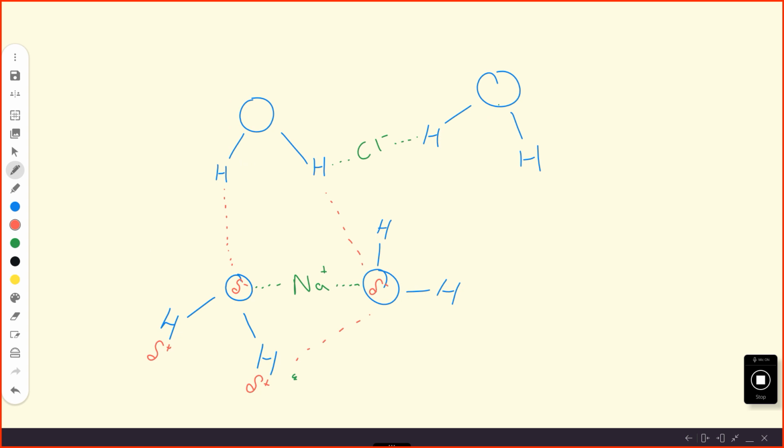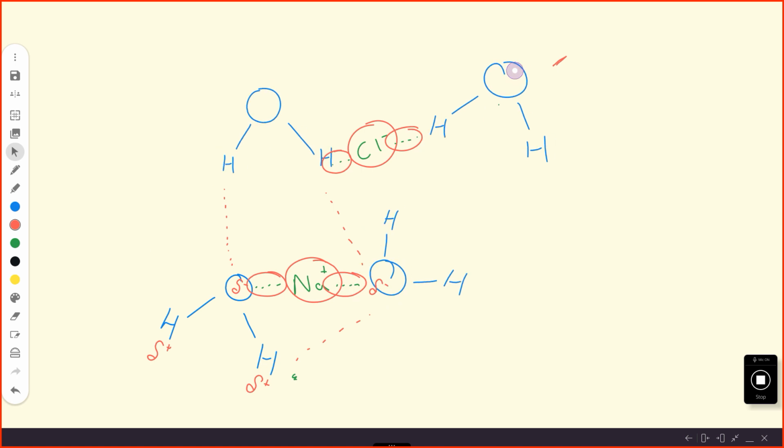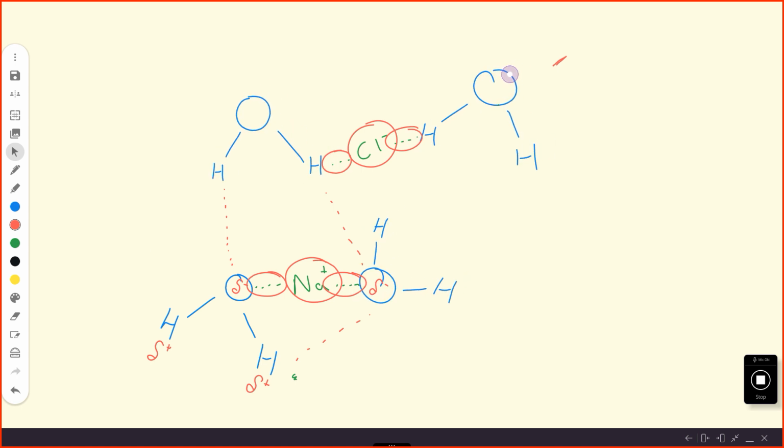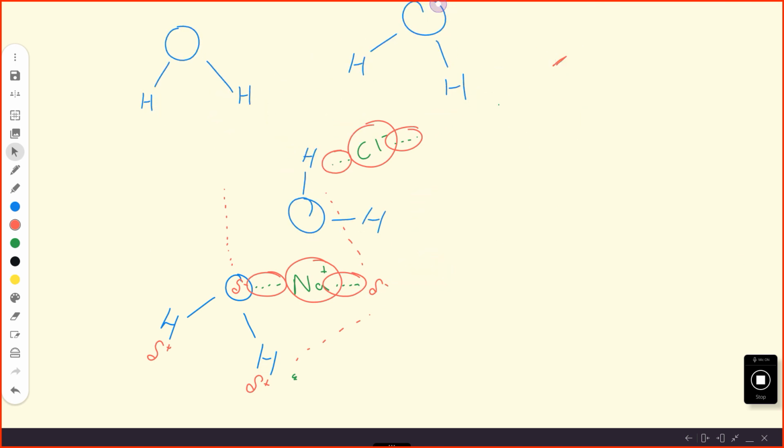When you add a salt into a solution, you're adding even more intermolecular forces of attraction. What that's doing is holding these molecules closer together. They need even more energy to vaporize, to become a gas.